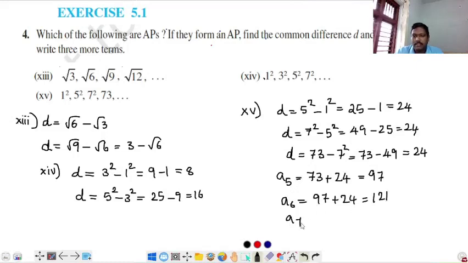So A7 will be what? 121 plus 24 is equal to how much? 145. So we will get 97, 121, 145. These are the next three terms of this AP.